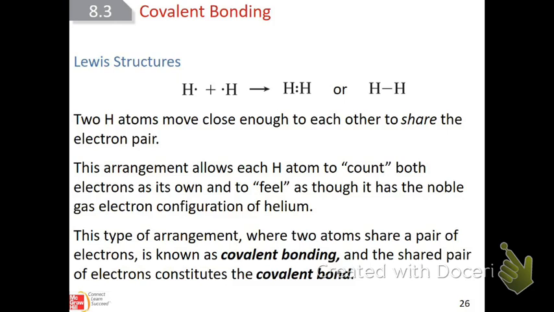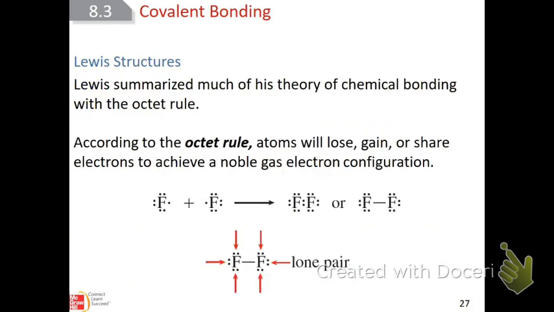All right. Here's what he said. He came up with what he called the octet rule, and octet means 8. There's also a duet rule for helium because it can only hold 2 electrons. Ones like helium and hydrogen can only hold 2 electrons because they live in the first energy level, and that energy level can only hold at most 2.